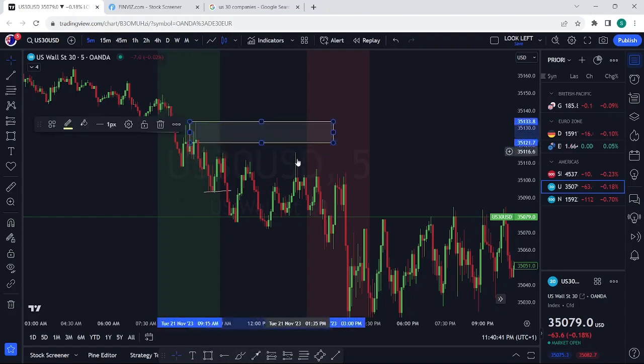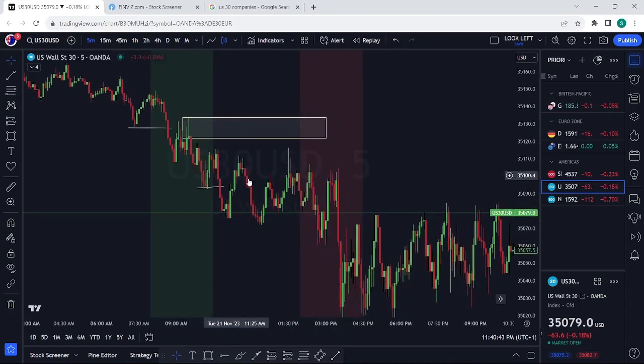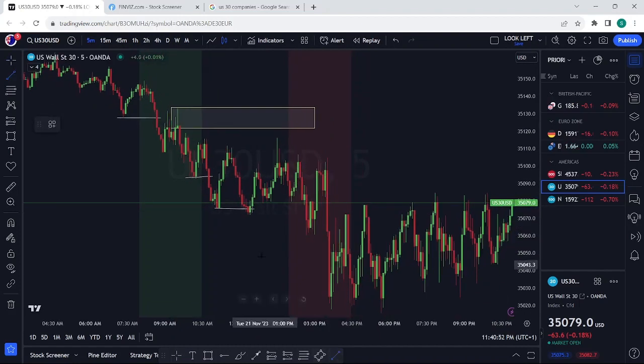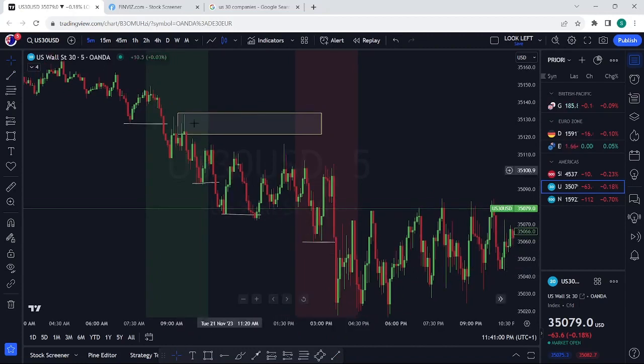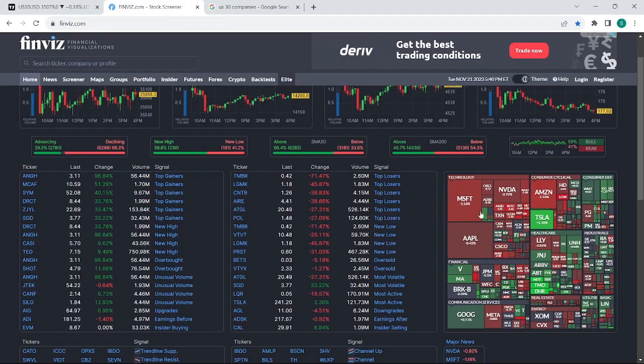You could see the market is breaking structure to the downside. This is because it is showing dominantly red here. Like a couple of green, but dominantly red.